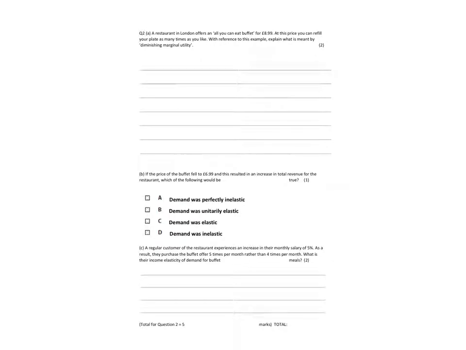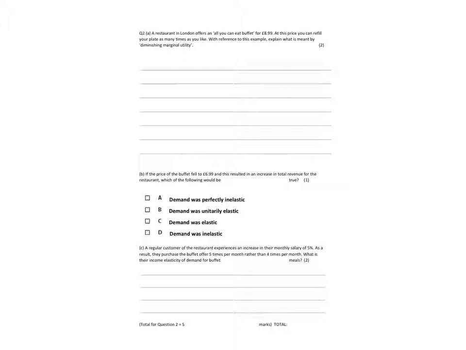In question 2, we're presented with a scenario that I'm sure we're all familiar with, the all-you-can-eat buffet, and we're asked how the concept of diminishing marginal utility might apply in this instance. I had some really good explanations of the concept.